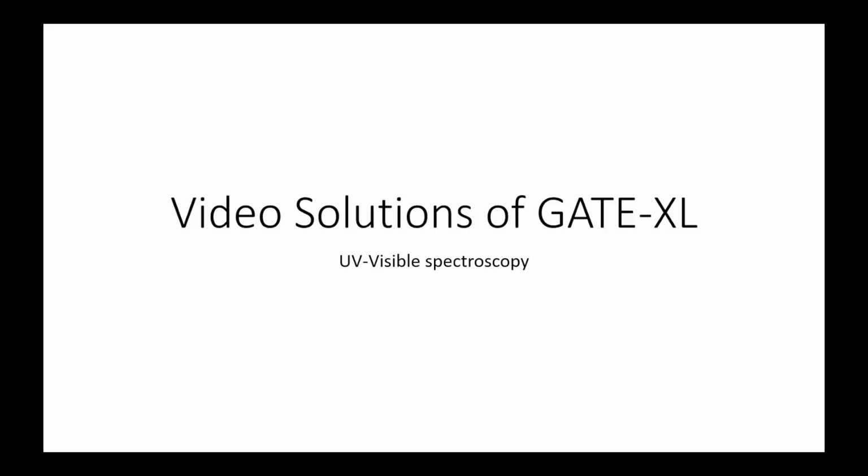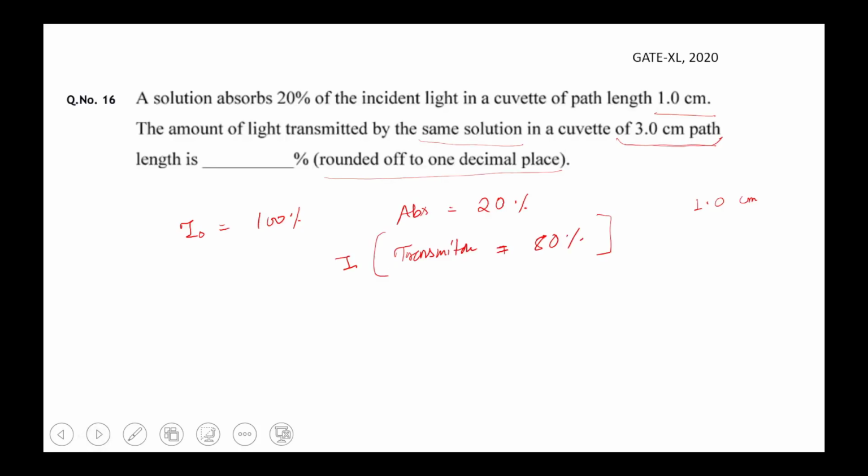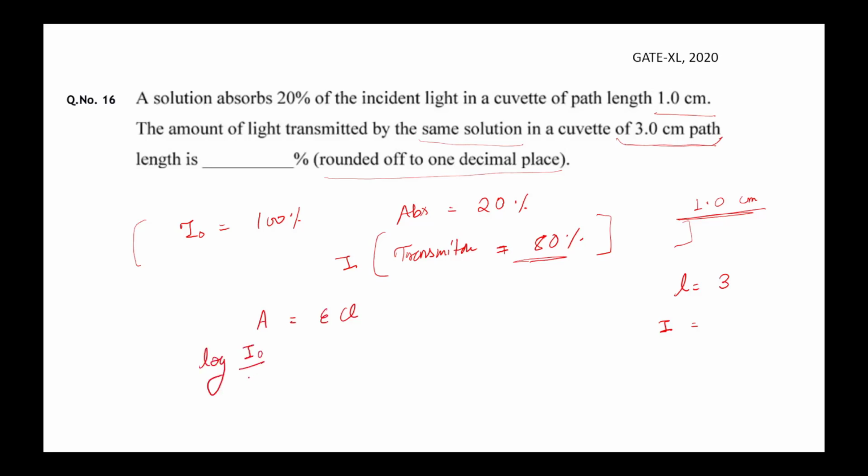It has been asked to us, when the path length L value is 3, what would be the amount of transmitted light? We know that the amount of transmitted light is 80% in a 1 centimeter cuvette. So to put it in the Beer-Lambert formula, A we can write as log I naught upon I, which equals ECL.